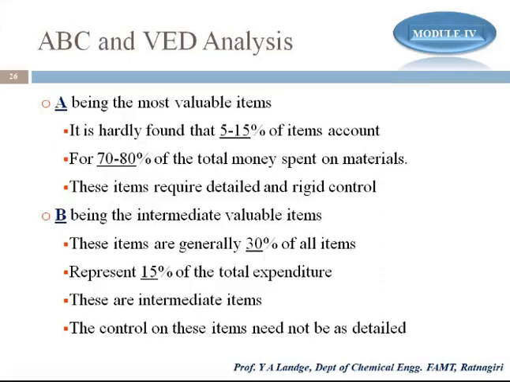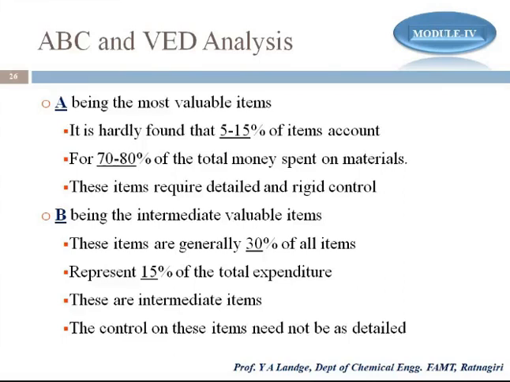If you have 100 items, you might have 5 to 15% items which are small in quantity, but the value of these items will be very costly, with more amount spent on them.